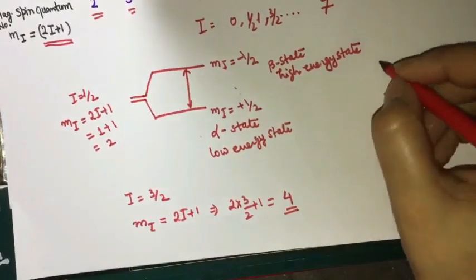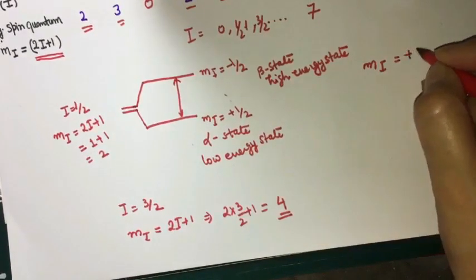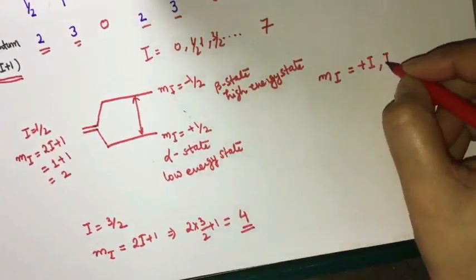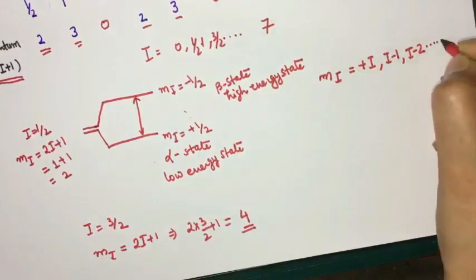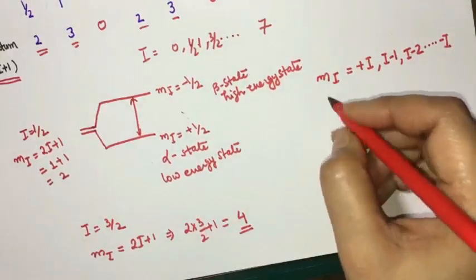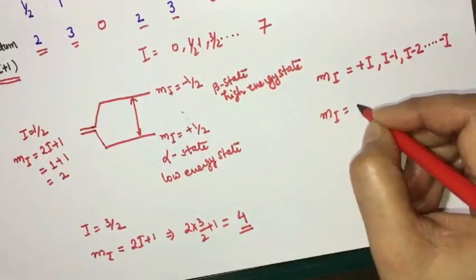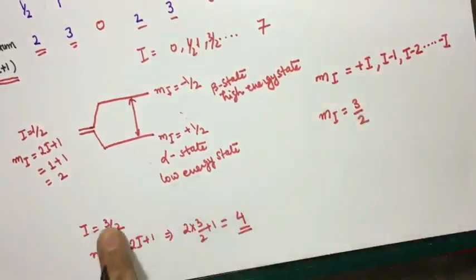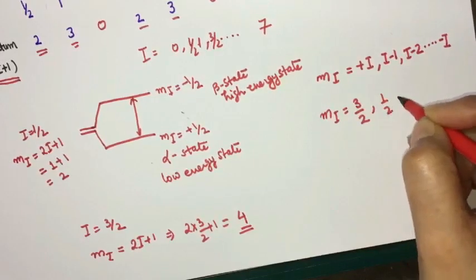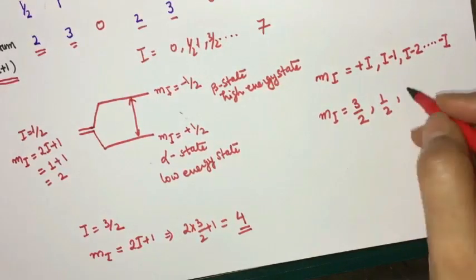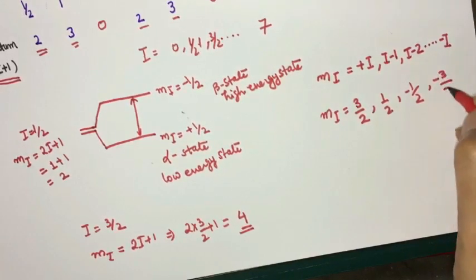The value of MI goes from plus I, then I minus 1, then I minus 2, and so on up to minus I. So here in this case we have MI equals plus 3 by 2, 3 by 2 minus 1, that is 1 by 2, then 3 by 2 minus 2, which is minus 1 by 2, and minus 3 by 2.